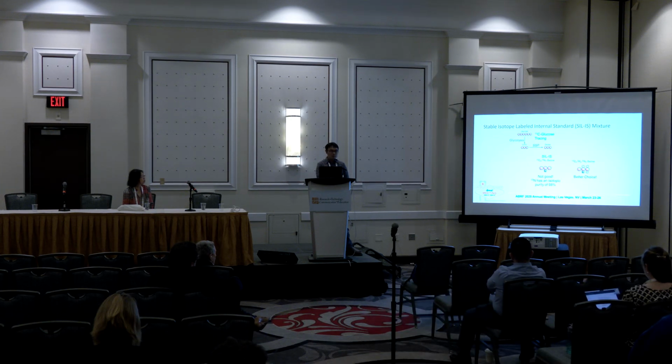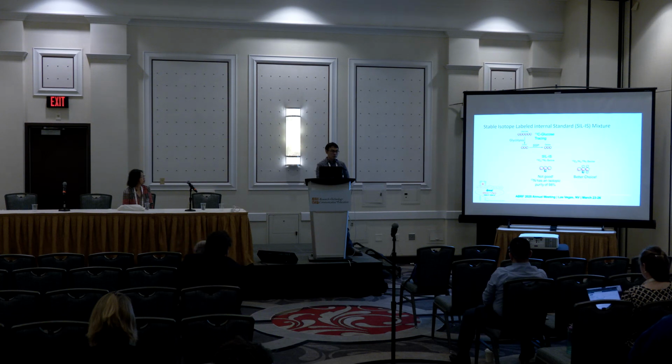However, the problem is every tracer you buy from, say, Cambridge Isotope Laboratory or from Sigma Isotec, they have certain isotopic impurity. So here, the nitrogen-15 purity is only 98%. Therefore, 2% of this tracer you put in is actually just carbon-13 3-labeled serine. So that is the metabolite that we do want to monitor from this glucose tracing experiment.